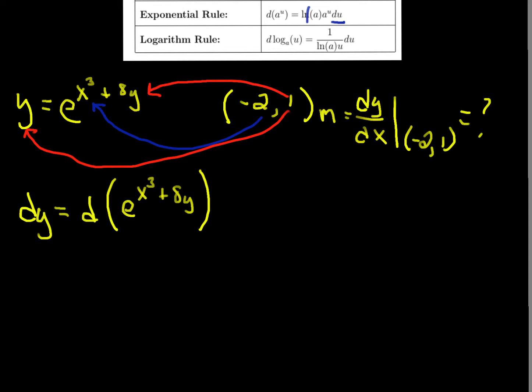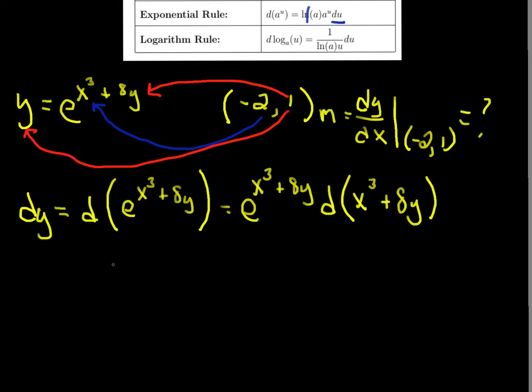Putting that into play, this is equal to e to the x cubed plus 8y times the differential of x cubed plus 8y. That's just following our exponential rule.